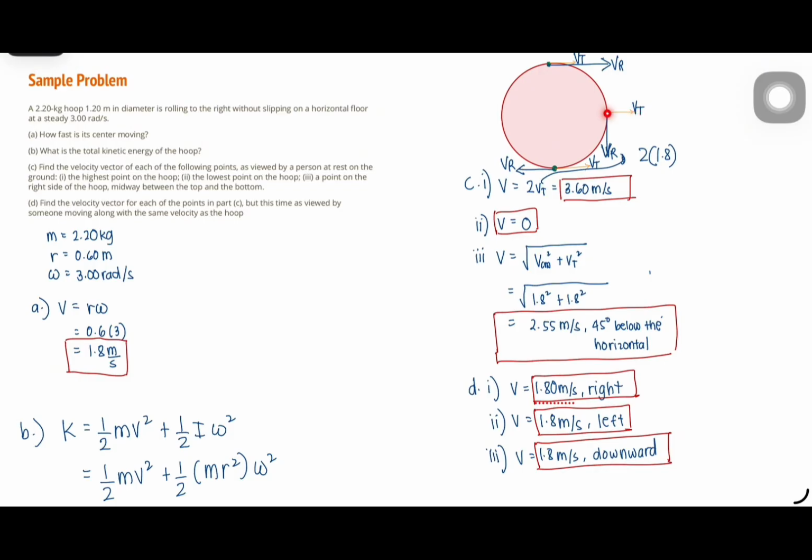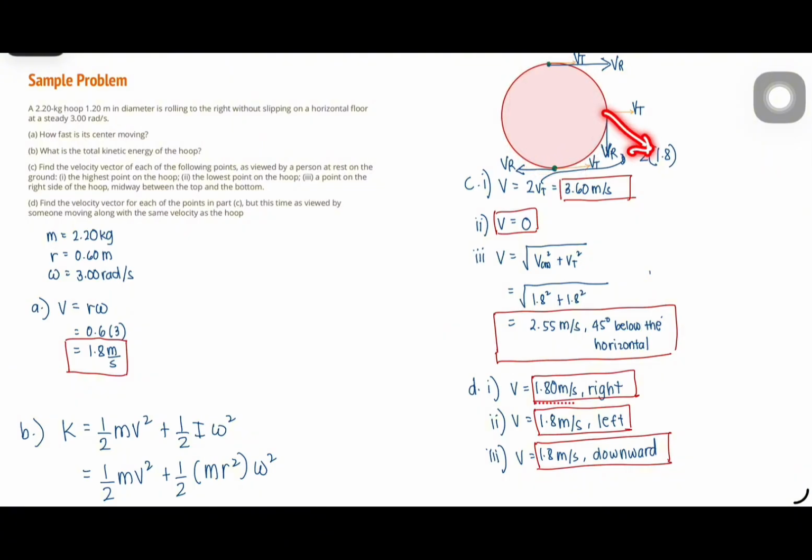Ito yung components ng velocity. Yung translational, iisa lang yung direction niya, pare-pareho at every point. Pero pagdating dito sa rotational class, ang direction ng velocity is downward kasi paikot siya.